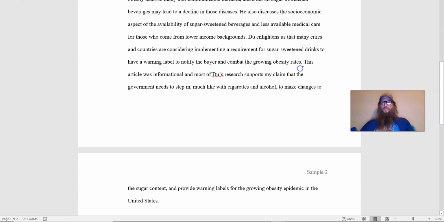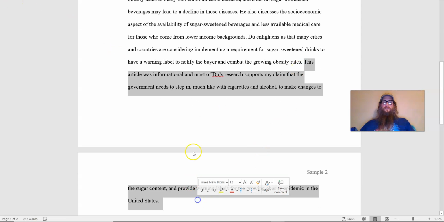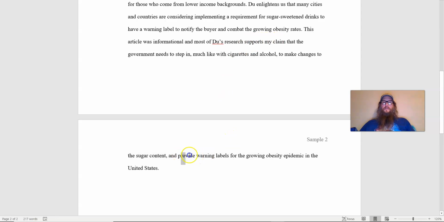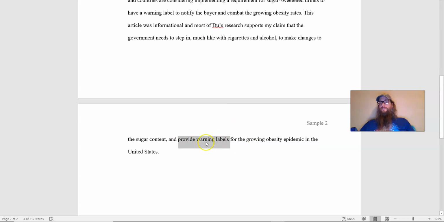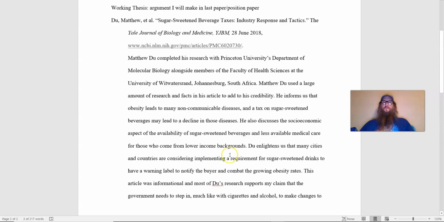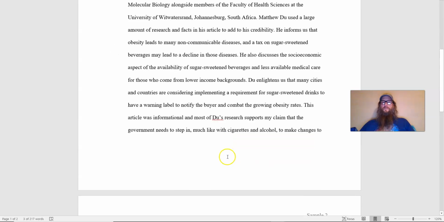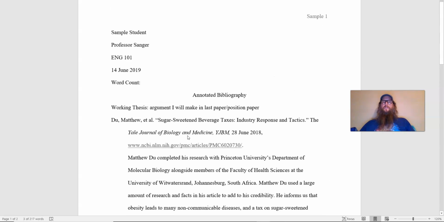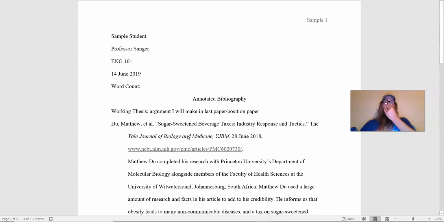I do think the student probably could have had a little bit more detail in the note on use, but did you notice they didn't just say it supports their claim? They did identify some of the interesting facts from the article that they'd like to focus on, which is this idea of warning labels. Anyhow, so this is not a perfect entry, but it's pretty good, right?